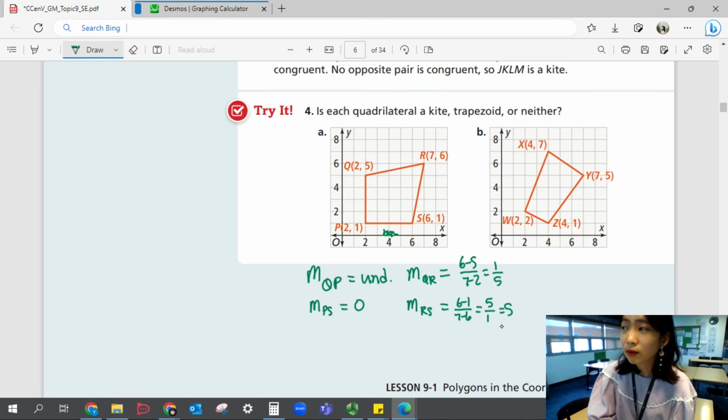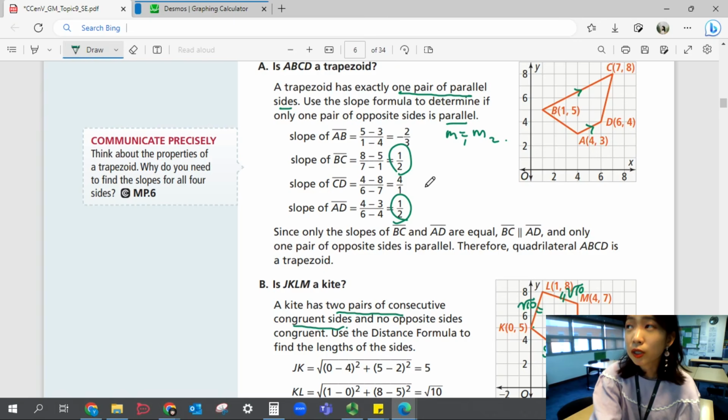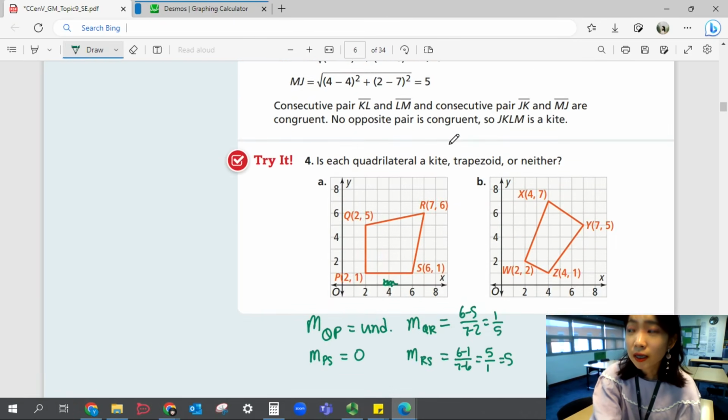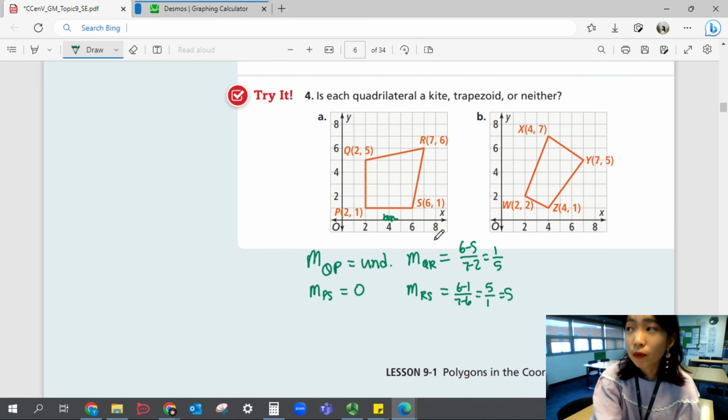So that's 5. Okay? So, what are we looking for in a trapezoid? We want the same slope. We need one pair of parallel sides. Are there any slopes that are the same? No. So this is not a trapezoid.